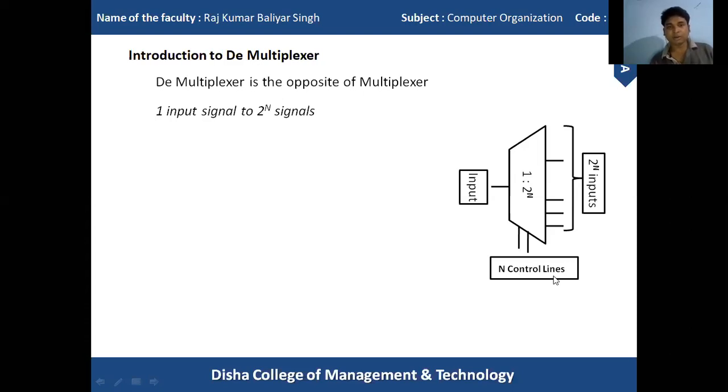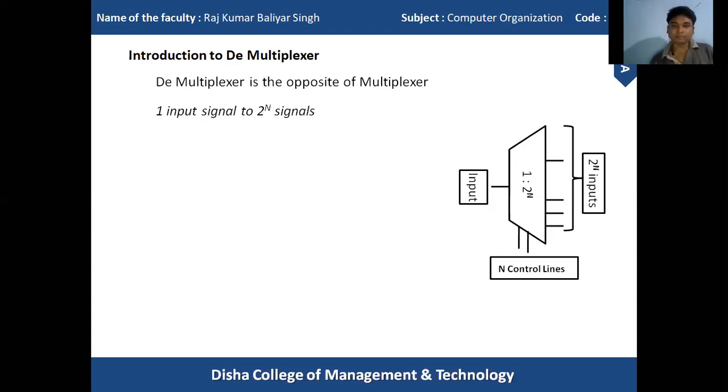So here is the small variation: in the case of the multiplexer, there are select lines. Select lines are used to select any one of the input lines, and that input line is available at the output side. But in the case of the demultiplexer, instead of select lines, the demultiplexer uses control lines. That means they control where the input is provided, to any one of the output sides.